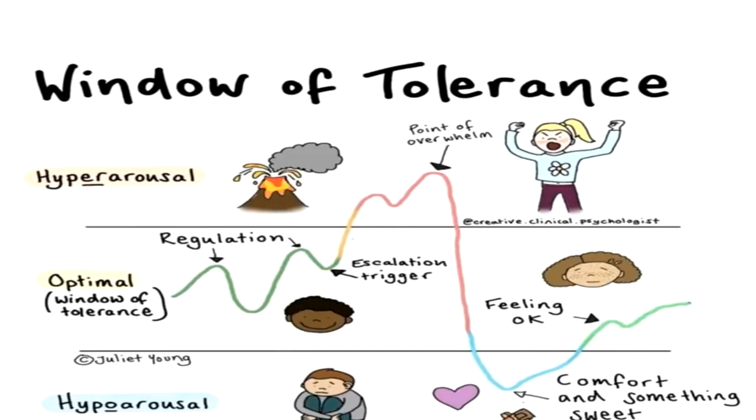You can see hyperarousal, the point of overwhelm. Then the optimal window of tolerance is the regulation, escalation, trigger. Now you are feeling okay. So hyperarousal doesn't mean that every time you have to be in an overwhelming situation. You can regulate those fears and you can escalate those triggers. So the consequence you face is comfort and something sweet, if you are working enough on your cognitive distortions.